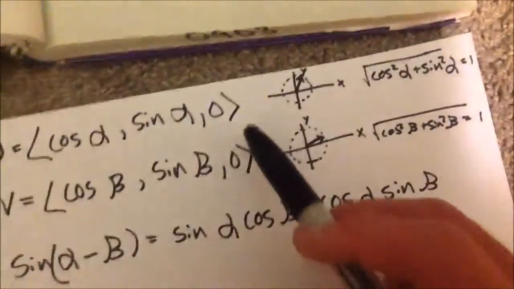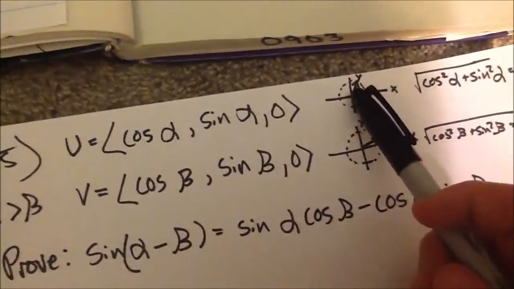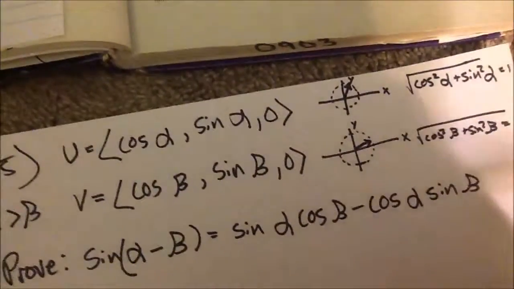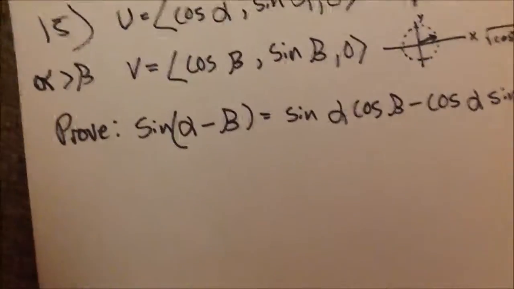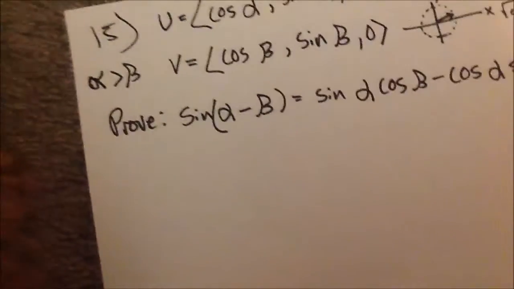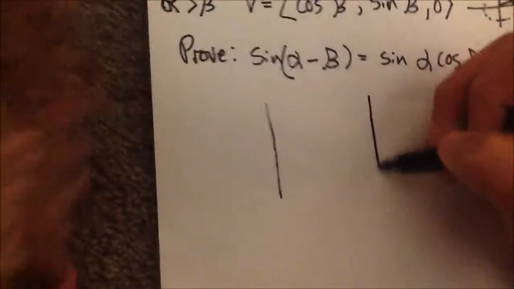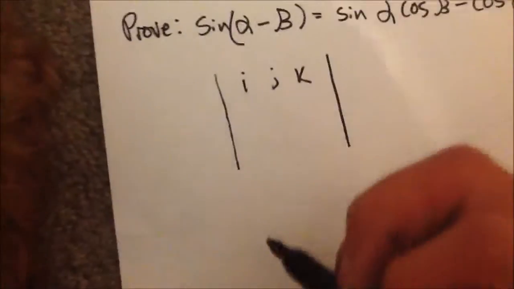What we do know is that vector u is going to have a greater A. The angle between it and the x-axis is going to be greater than it is for b. So that is one thing we do know. That having been said, let's take the cross product. Here we go. I'm going to write it out, IJK.